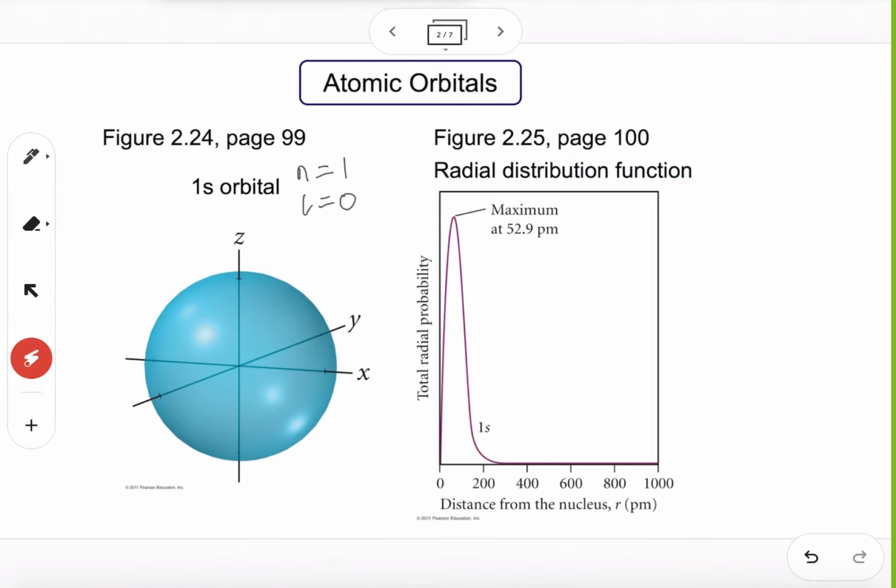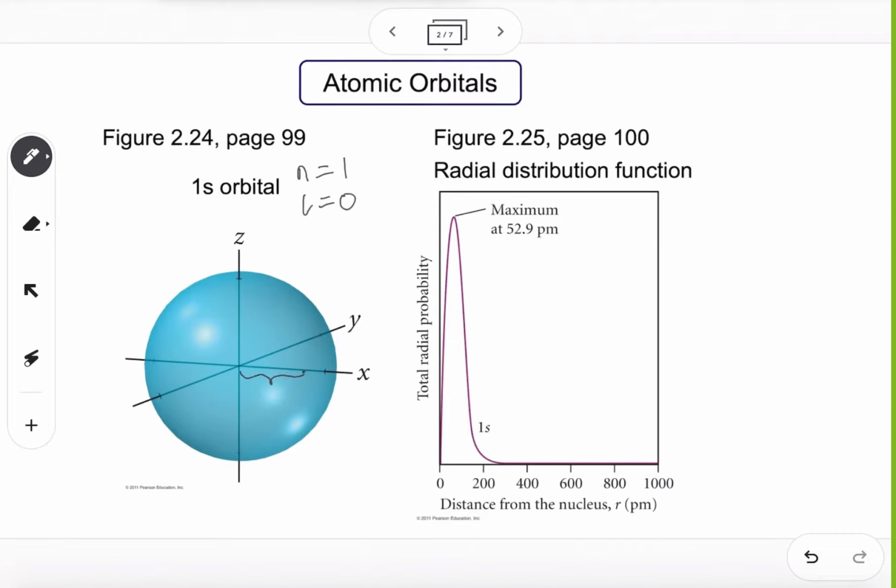What does that mean? Let's just break this picture down into small parts and explain it one by one. First thing is the x-axis. The x-axis is the distance from the nucleus. So for instance, if you have a point right here on the x-axis, it represents the distance between this point and the nucleus.